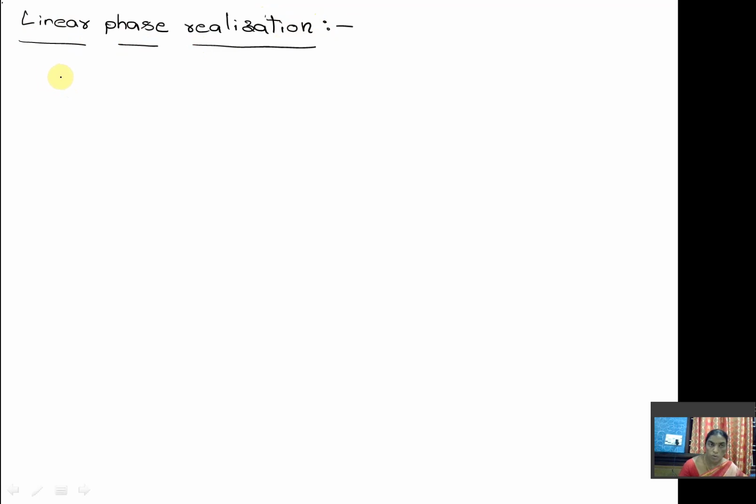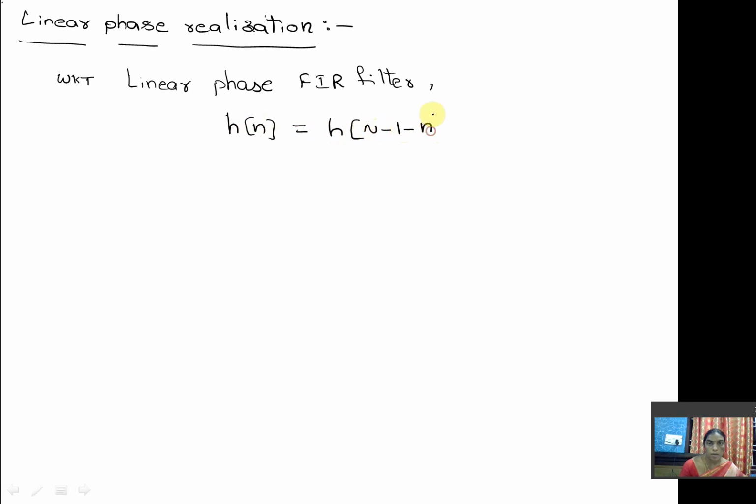Okay, we know the condition for a linear phase FIR filter. A linear phase FIR filter should satisfy the condition h of n equals h of N minus 1 minus n.